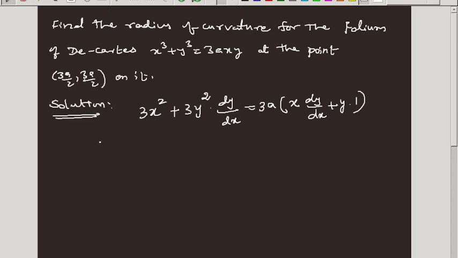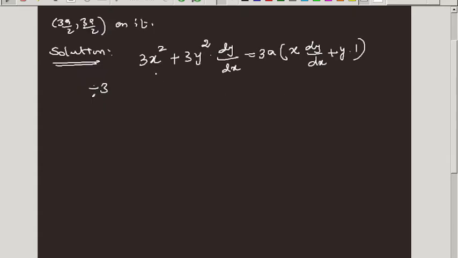Here if we divide by 3, we get x square plus y square into y1 equal to a x into y1 plus a into y. Here y1 is there, so we take y1 common on the left hand side.